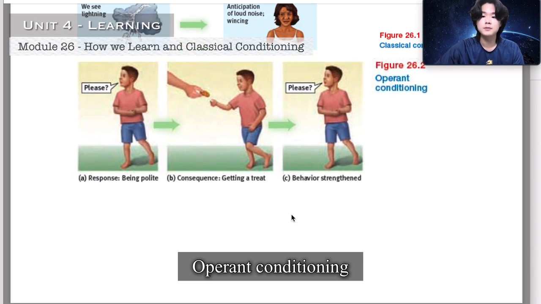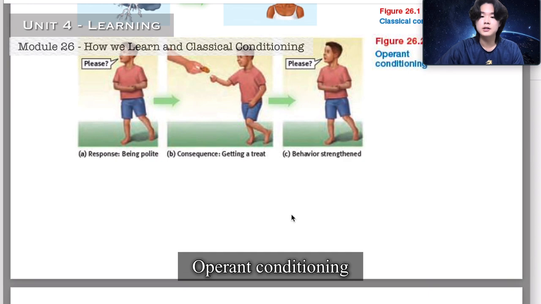So this is all about conditioning: how certain types of rewards may make a behavior more likely to occur.